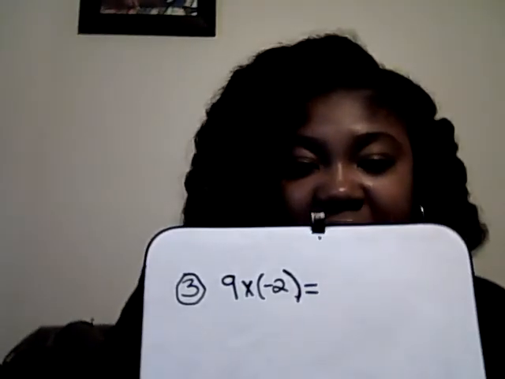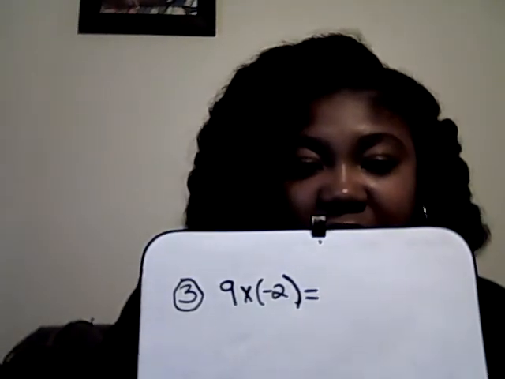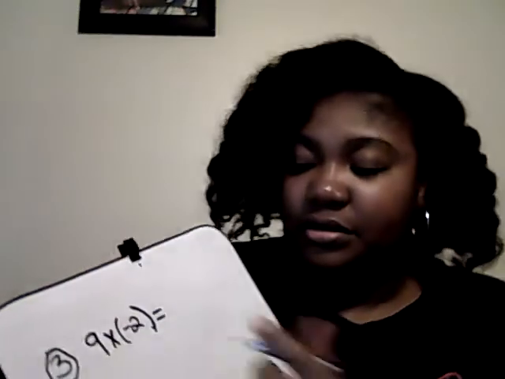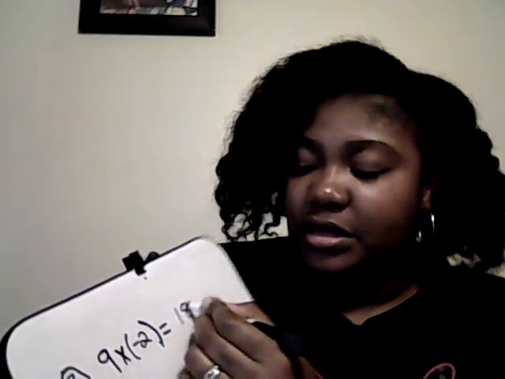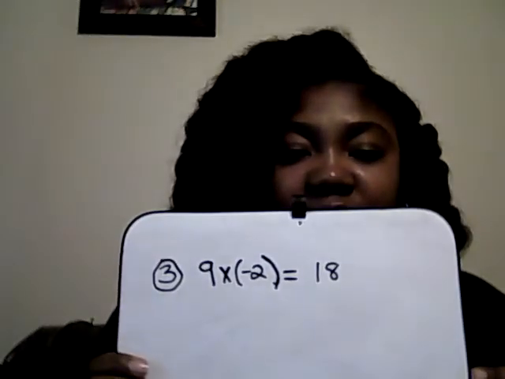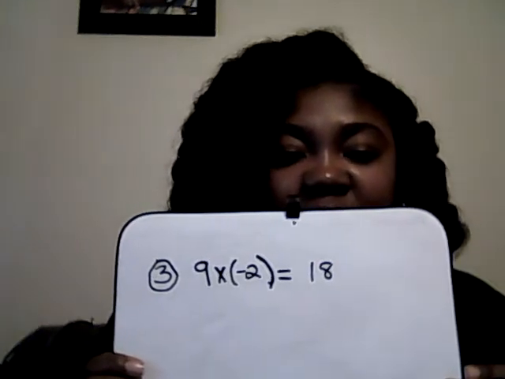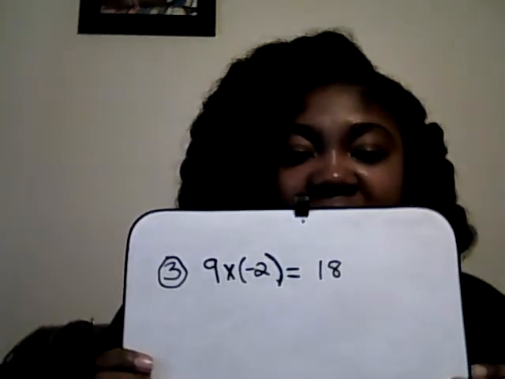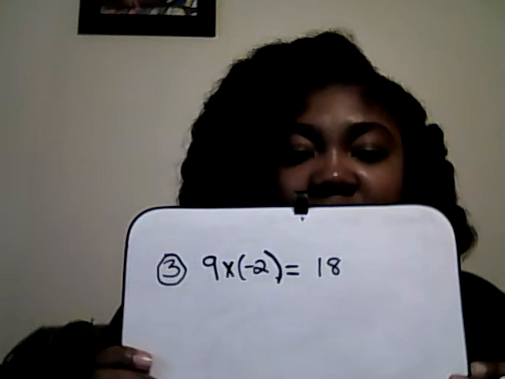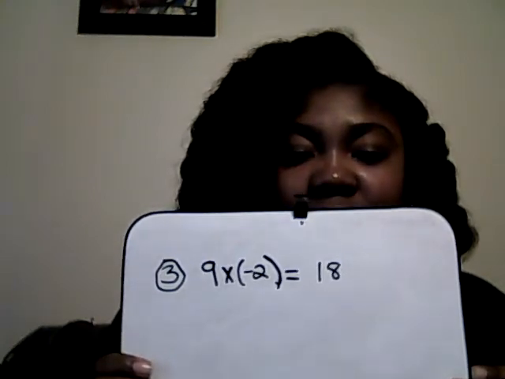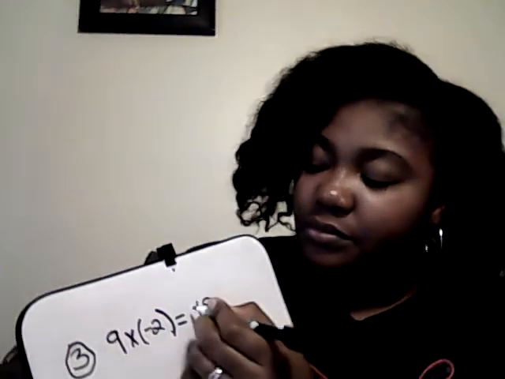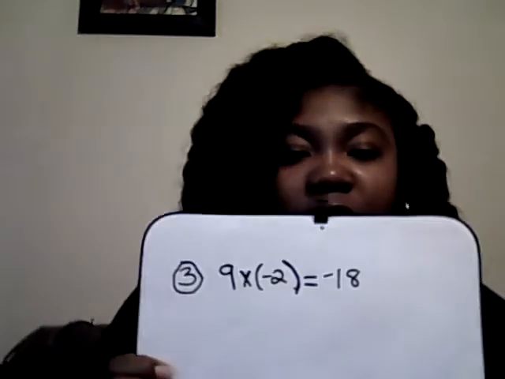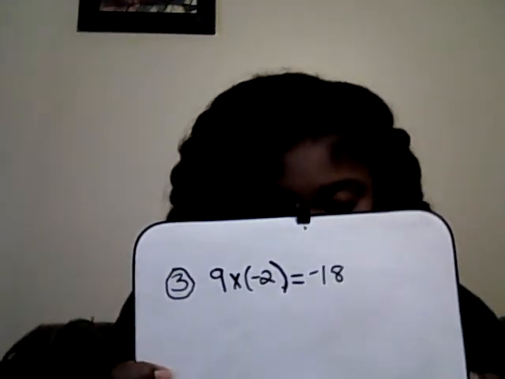So 9 times 2 is 18. Now we have to figure out is it going to be negative or positive. A positive times a negative, when you're dealing with multiplication, is going to be negative. So we have negative 18 for number 3.